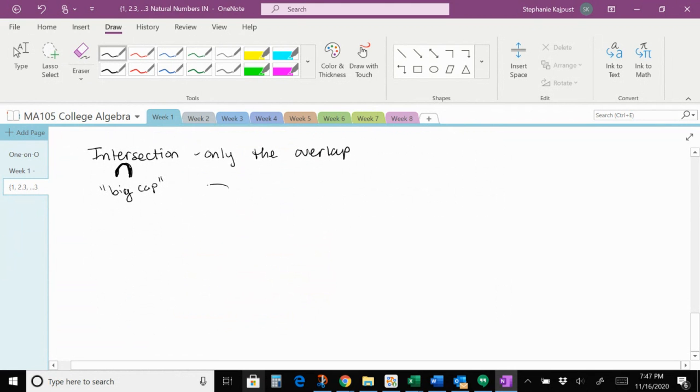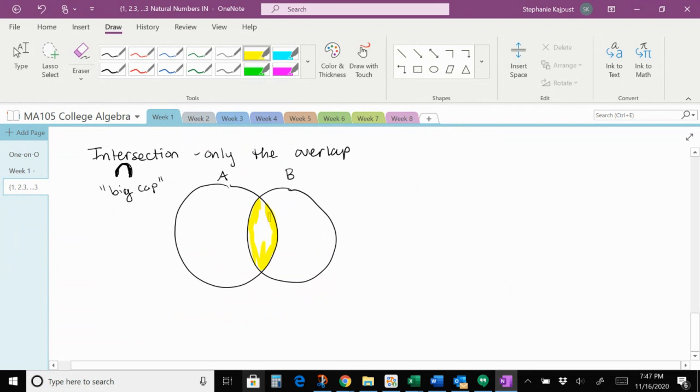If you are looking at a Venn diagram of two different sets, A and B, that's only where they overlap or intersect each other. So when you're looking for the union, you're looking for everything, and when you're looking at the intersection, you're looking for just the overlaps.